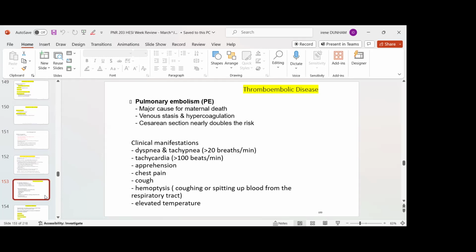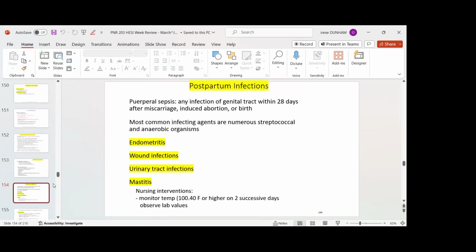And the Homans sign, I would definitely know that a positive Homans sign is an indication that the patient is having a DVT. If your patient complains of pain in the calf and the calf is warm to touch, then you need to call the physician and get an order for a venous Doppler study.